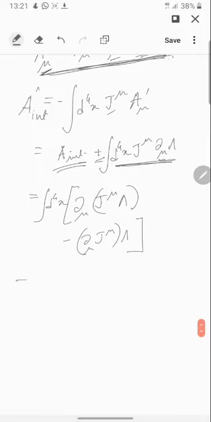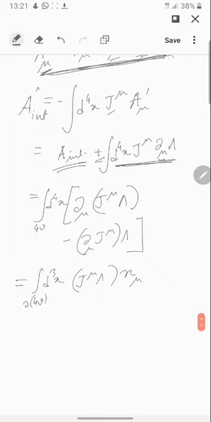So the first term, since it is a total derivative, it can be brought to a d3x kind of integral, which will be j^mu lambda multiplied by n_mu. This trick you should by this time be familiar with, because this is how we can use the 4-dimensional Gauss's theorem and bring the d4x, which is defined over the 4-dimensional spacetime, into the boundary of the 4-dimensional spacetime and make it a d3x integral.